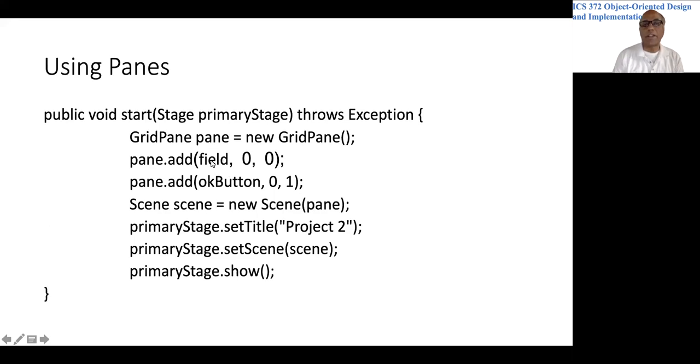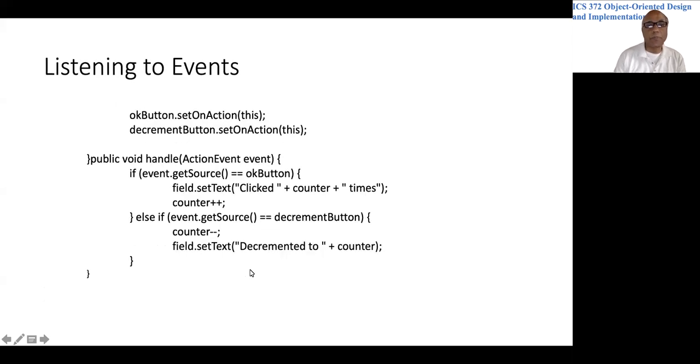For example, here we have what is called a text field, which is created as a TextField equals new TextField. We will take a look at the Java project in a few minutes. So we add to the pane a text field at column 0, row 0. Then at column 0, row 1, we put a button. And then we put this pane into the scene. And we show the stage as before.